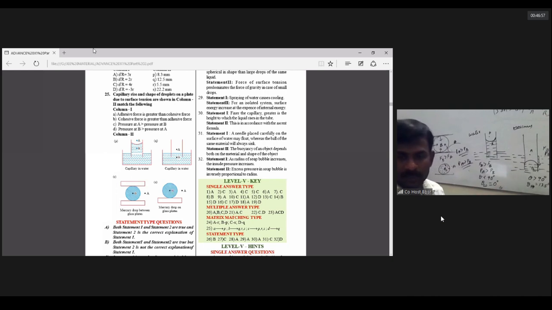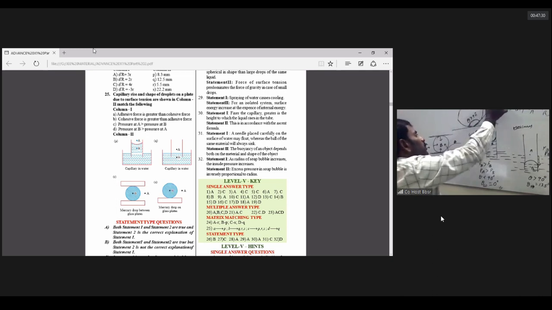It does not wet the surface, because the angle of contact should be greater than 90 degrees, like this. Take the angle inside only, don't take the solid inside the liquid drop. This is theta, greater than 90 degrees.